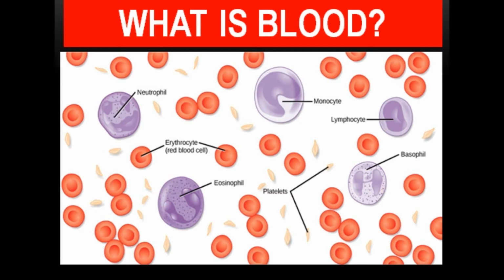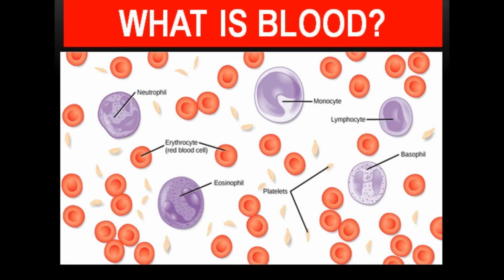So first of all, we will learn what is blood. Blood is a connective fluid which is mainly present in humans and other animals. It is a very essential substance that is required to transport nutrients and oxygen to each cell, and it also transports metabolic waste products away from those same cells.